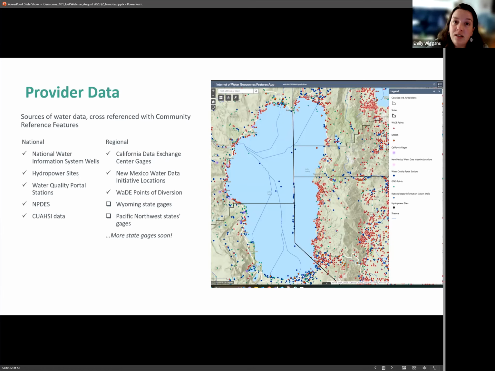And again, as you can see, we're working furiously to add more, including Wyoming state gauges, as well as a great data set, including a lot of state gauges from the Pacific Northwest. So again, please stay tuned. We're adding to it every day, and it's already quite a lot of data, and we're looking forward to adding even more. As you can see, the image on the right of the Lake Tahoe region has a lot of data points on it.